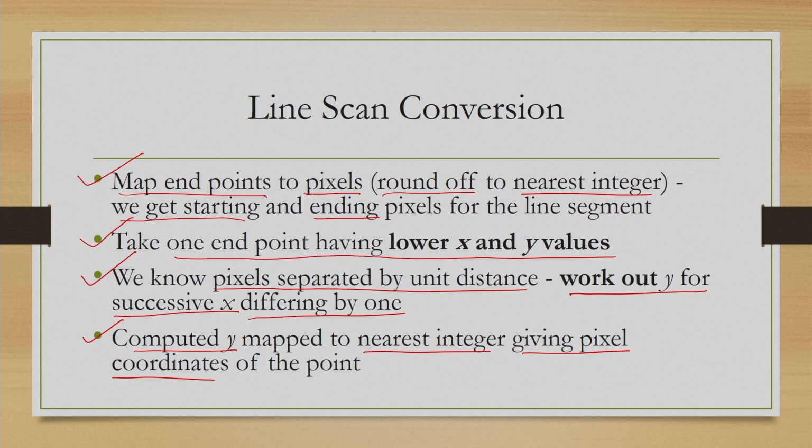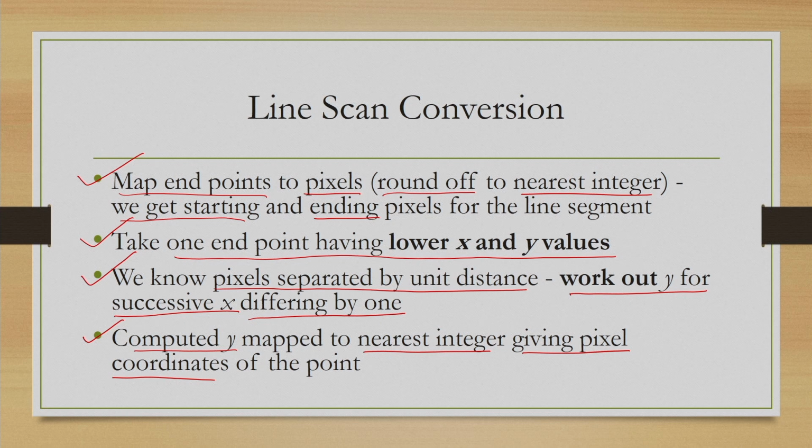So, we first convert the endpoints to the nearest pixels, then we choose the endpoint having lower x and y values as the starting point, and starting with that point, we compute y value taking as input the x value, where the successive x values differ by 1, and we continue this till the other endpoint.